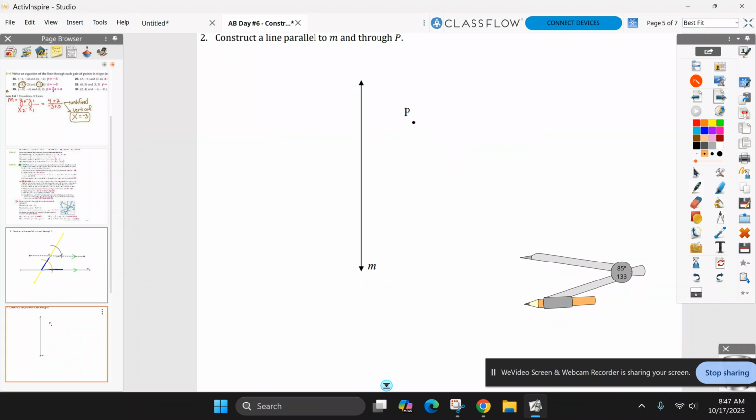Copy the angle onto that ray that starts with point P. Mark both points of intersection.